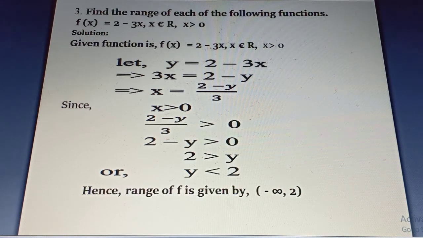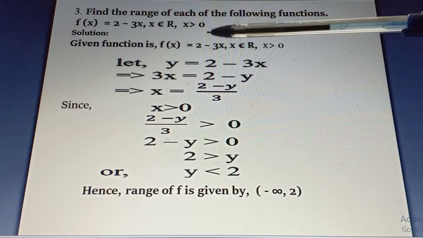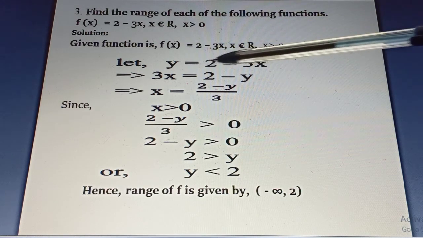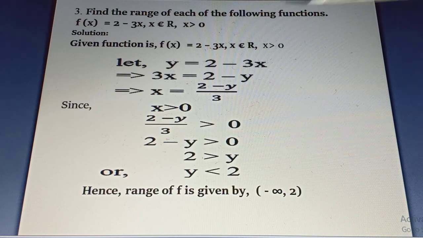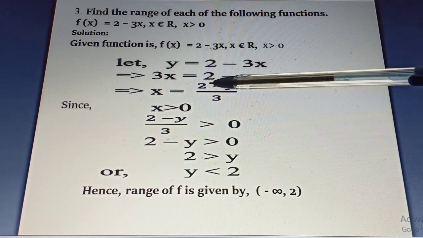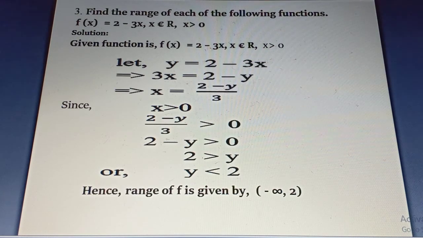So students, since x is the domain and f(x) is the range, and the value of x is given greater than 0. From this function, let us consider the value of f(x) as y, which is also the range. So when y equals 2 minus 3x, you can express this function in the form x equal to (2 minus y) by 3, after changing sides and cross multiplying.